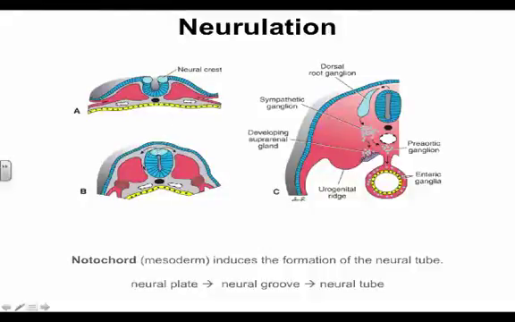The neural crest is here. We form a tube here. And we can form, ultimately, the formation of something called a neural tube, which is really part of the nervous system. That's neurulation.